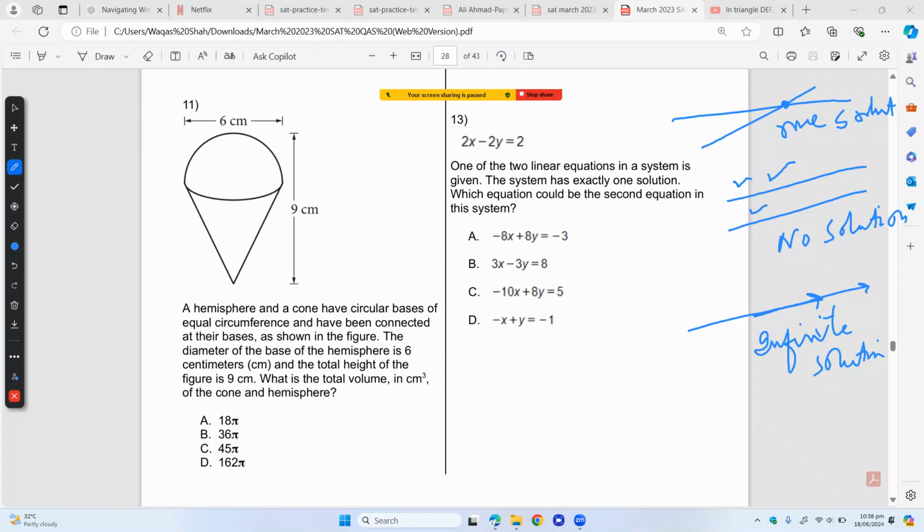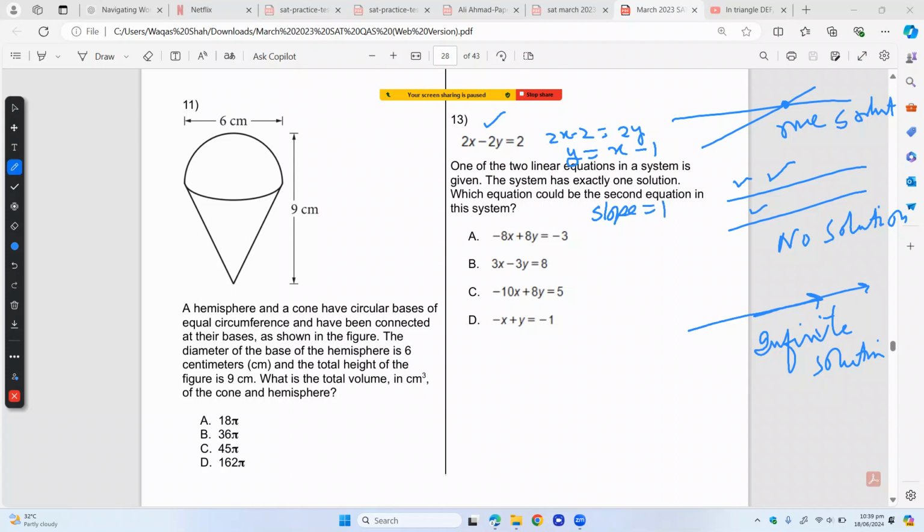First we have to find the slope of this line. If we shift y to the other side, it will be 2y equals 2x minus 2, and dividing everything by 2, y is equal to x minus 1. So the slope is 1.